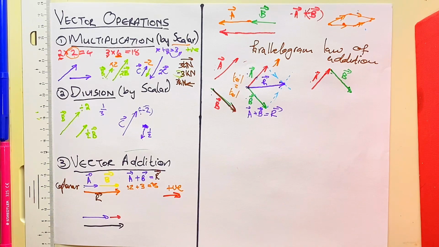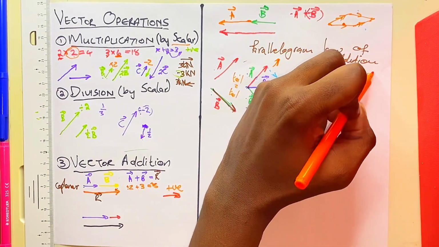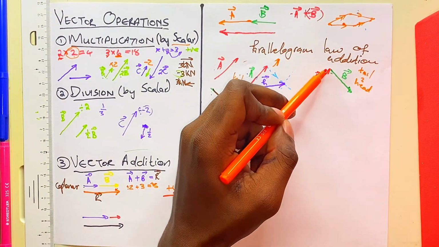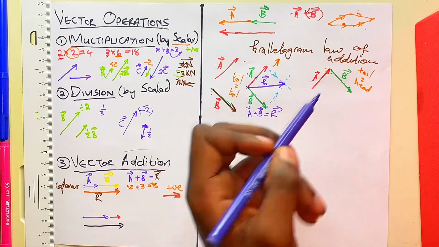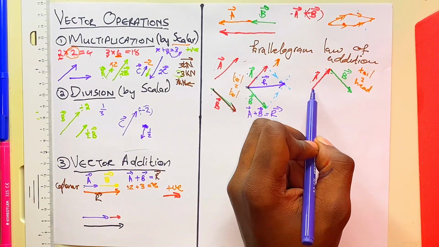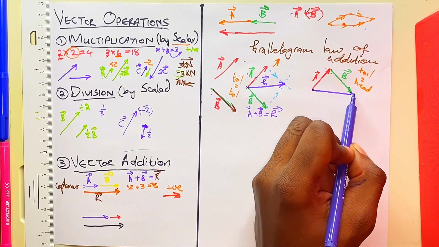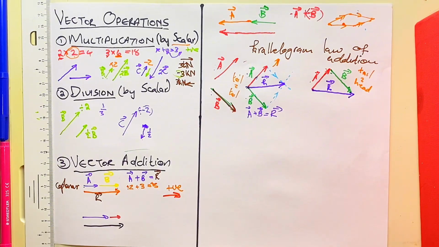But if we put them tail to head, meaning that the tail of B starts at the head of A, our resultant vector will start from the tail of A and go all the way to the head of B. And now we have a resultant just like that.